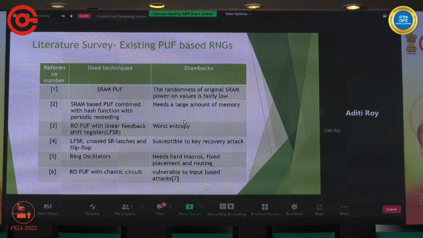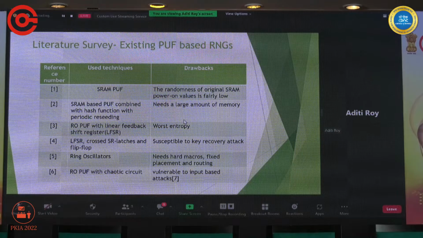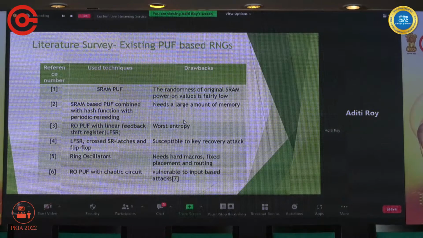The drawback here is poor entropy. The next reference is also a linear feedback shift register, where crossed SR latches and flip flops are used with the linear feedback shift register. But this technique is also vulnerable to key recovery attacks. Next, again, ring oscillators are used, but as we know, a ring oscillator needs identical ring oscillators to be placed, and fixed placement and routing are needed. So this needs hard macros. This is a drawback here.